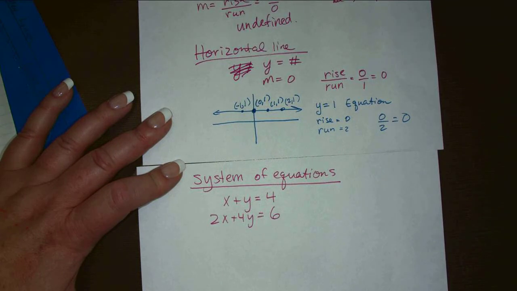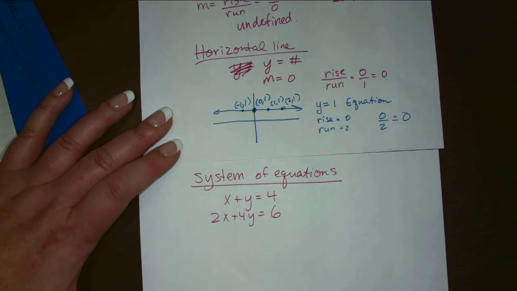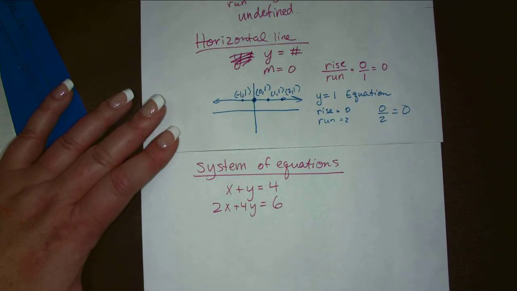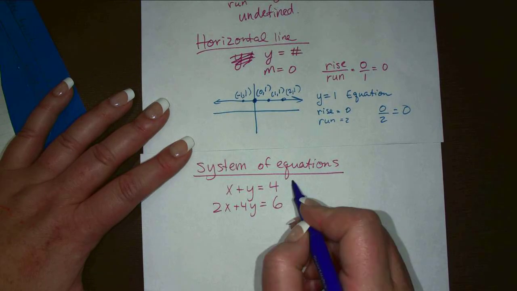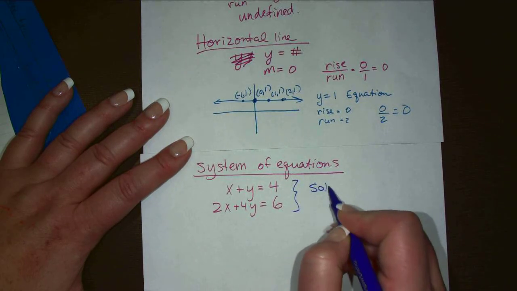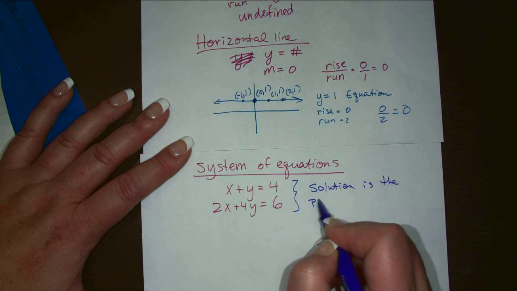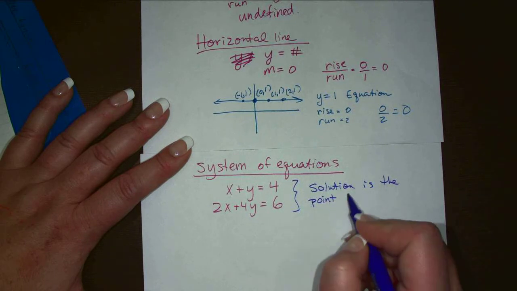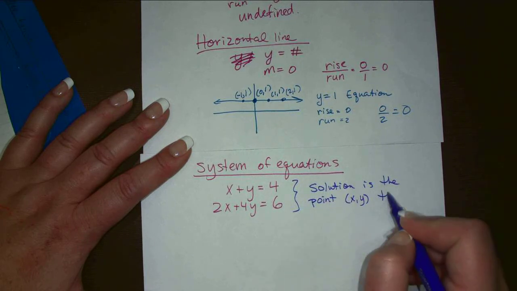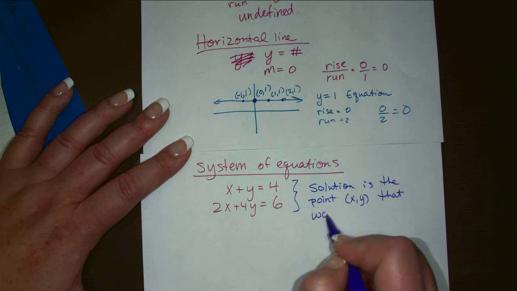What they're looking for when you have more than one equation is the x and y value that actually works in both. So we want the solution to this is the point xy that works in both equations.